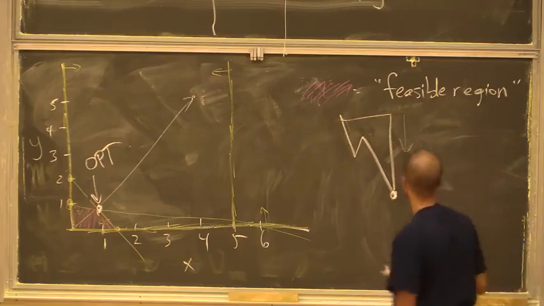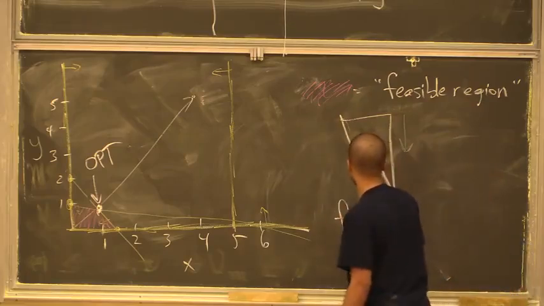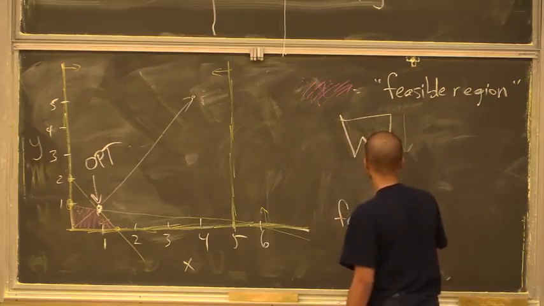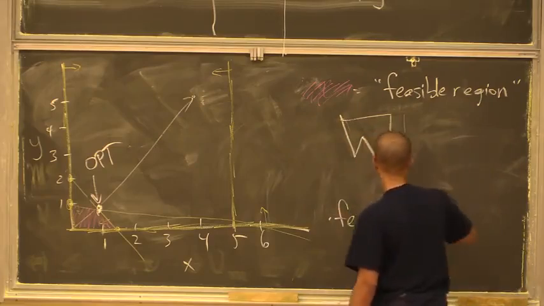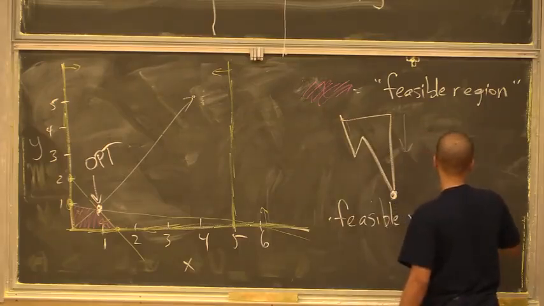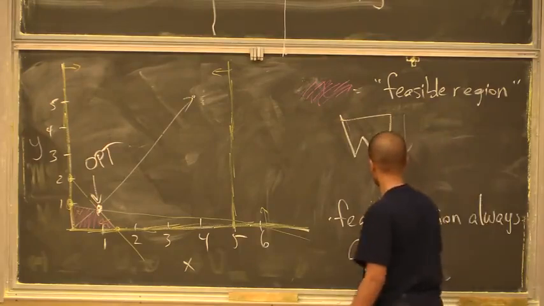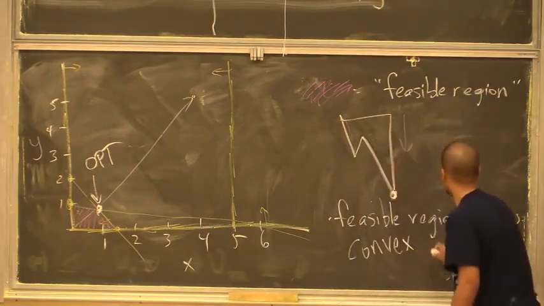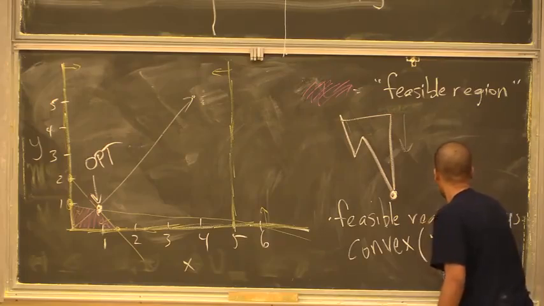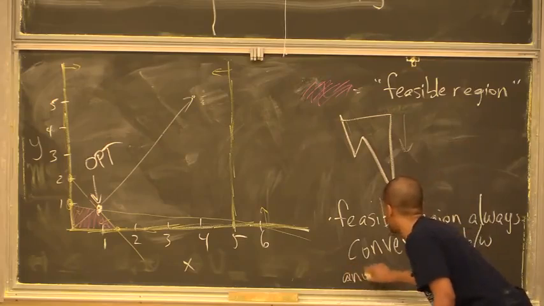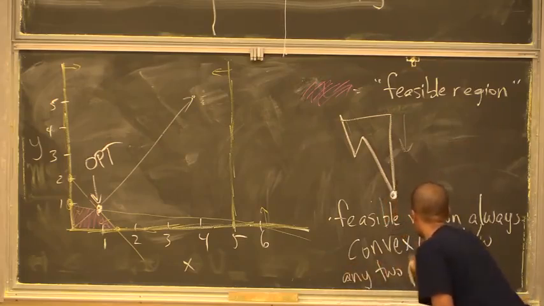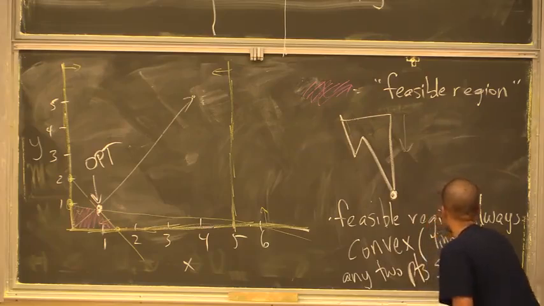Luckily that getting stuck can't happen if you're in a convex region. So the feasible region will always be convex, meaning the line between any 2 points stays in the feasible region.